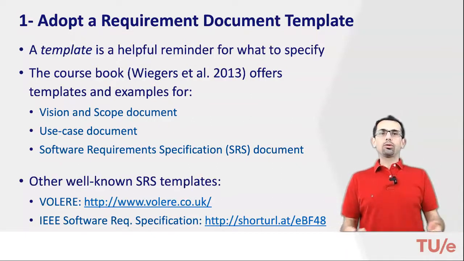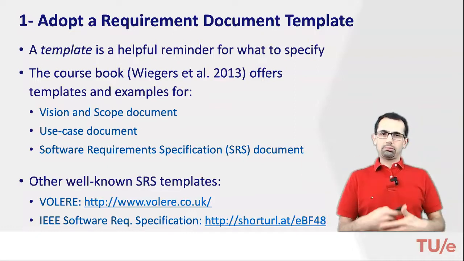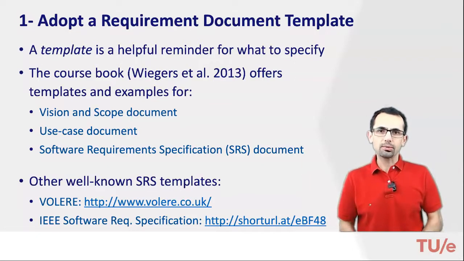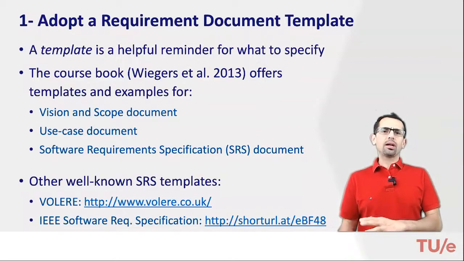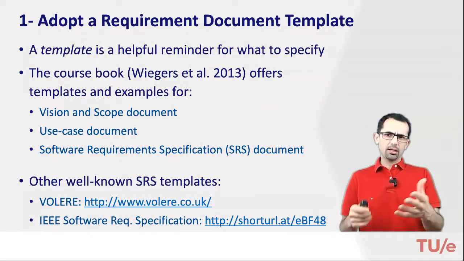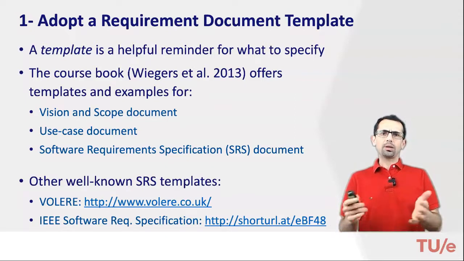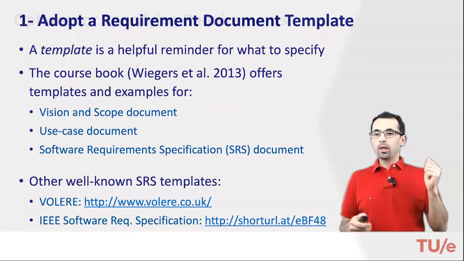It's a very old one and has been used hundreds of thousands of times in practice by now, but I think it's rather outdated. The one that's proposed by Wiegers right now is much better, in my opinion.